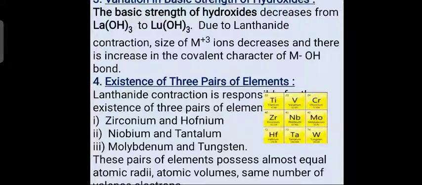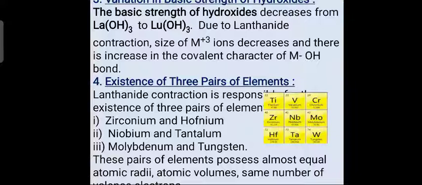Okay. Next, fourth point, existence of 3 pairs of elements. Lanthanide contraction is responsible for the existence of 3 pairs of elements. Which are the 3 pairs? Zirconium and hafnium, niobium and tantalum, molybdenum and tungsten.